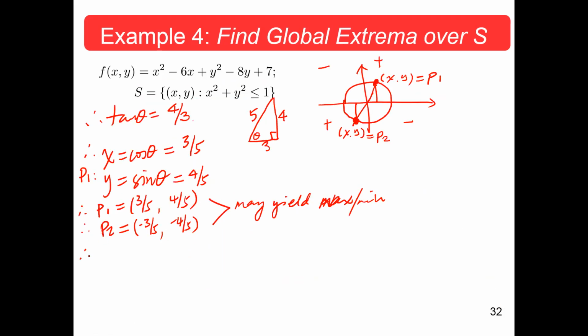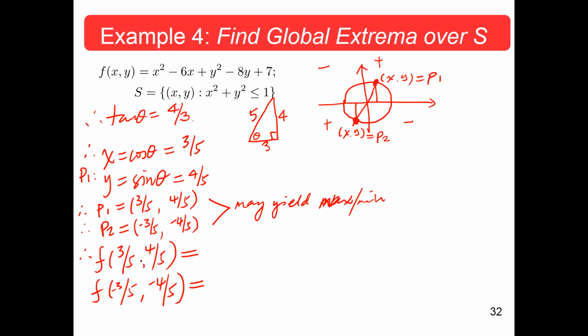All right, so let's go ahead and further investigate their function values. The function value at P1 and the function value at P2. Let's check their function values, to see whether they happen to be a very big amount or a very small amount.